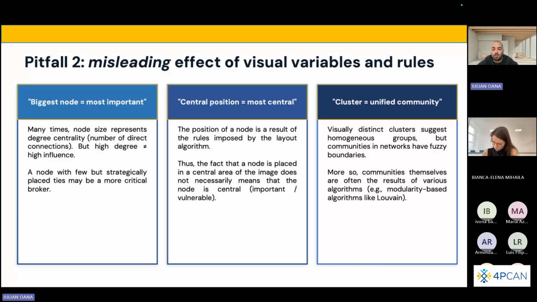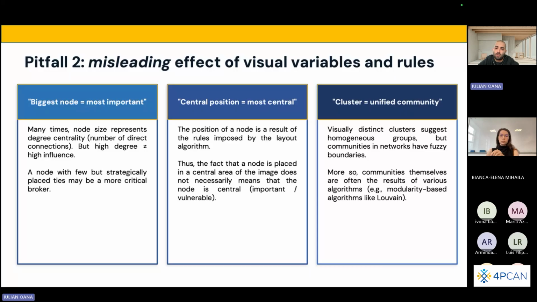And a lot of times, some nodes may end up in the center by randomness. And just because a node is in the center or around the center of the picture, it doesn't mean that that node is important or whatever.